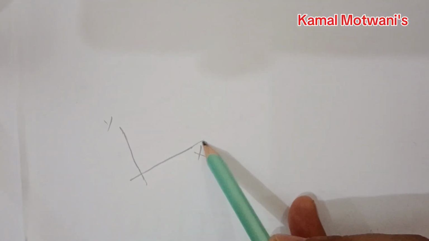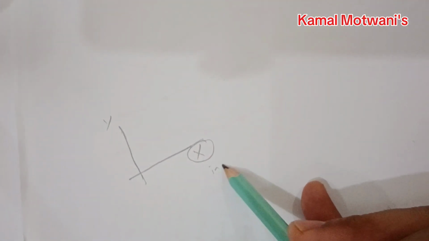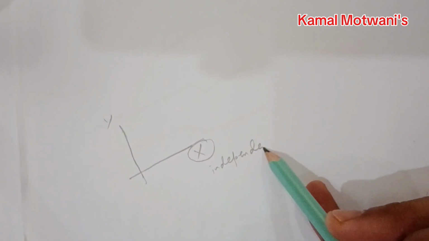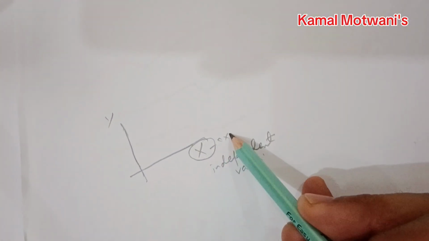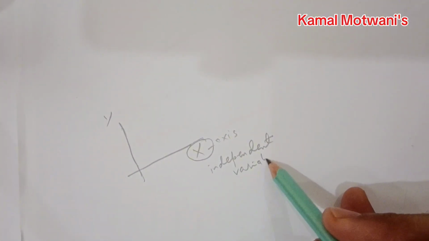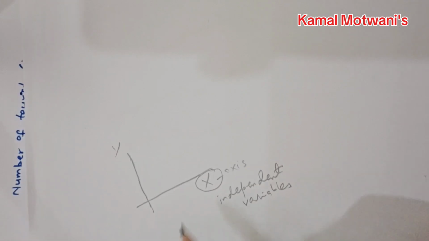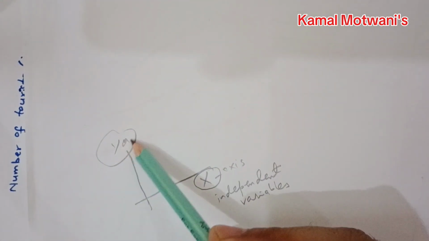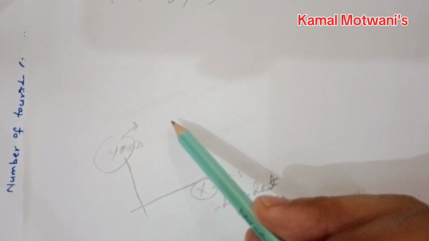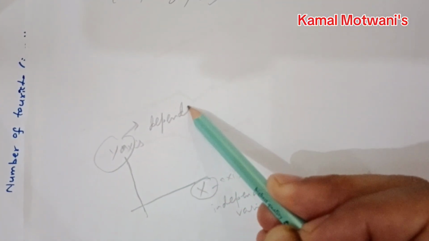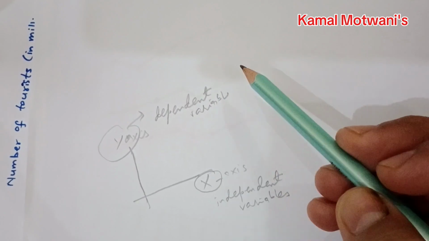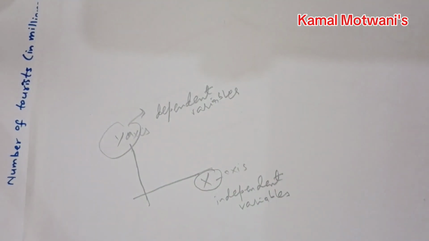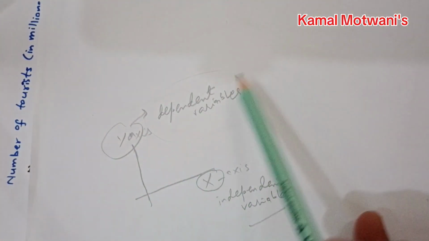On the x-axis we have independent variables, whereas on the y-axis we have dependent variables. This is extra information that I am giving you in order to understand the graph. So on the x-axis we have the independent variables, on the y-axis we have the dependent variables.